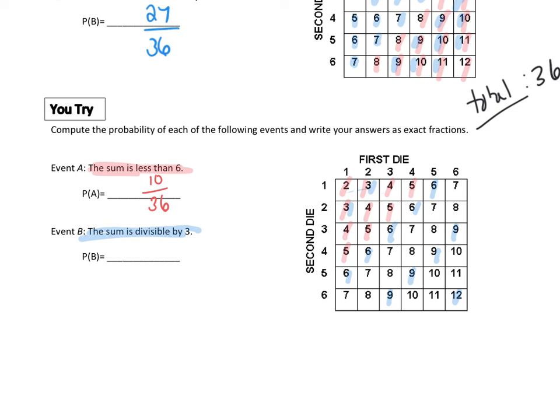So if I go ahead and count all those blues, I should get 1, 2, 3, 4, 5, 6, 7, 8, 9, 10, 11, 12. So that's 12 out of 36. So take your time with these ones and make sure you use that dice chart. You will always be given that dice chart, even on the test. All right, let me know if you have any questions. Good luck.